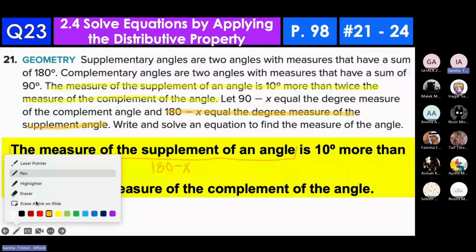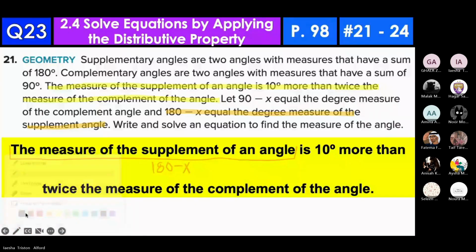We know the word "is" means what? Equal. 10 degrees more than. More means to add. Than means to change the place, so turn around. Twice is to multiply.